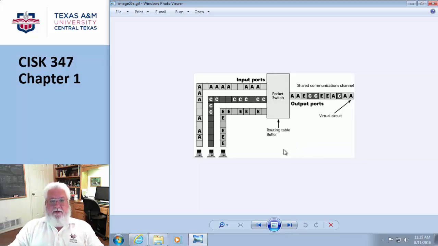Okay, the first one is step 1. You have to break the data up into chunks. So if I have big data, I've got to cut it up. Step 2, every chunk is numbered and addressed. In other words, it has to know its sequence, because if they got out of order, right? If I got chapter 3 before I got chapter 2, I won't know what your novel is about.